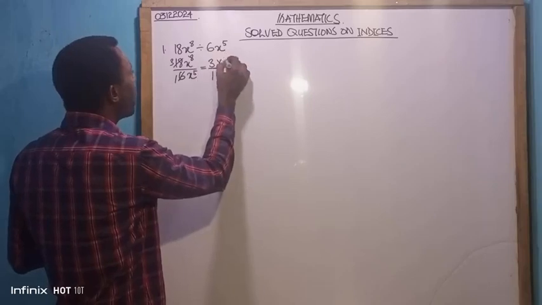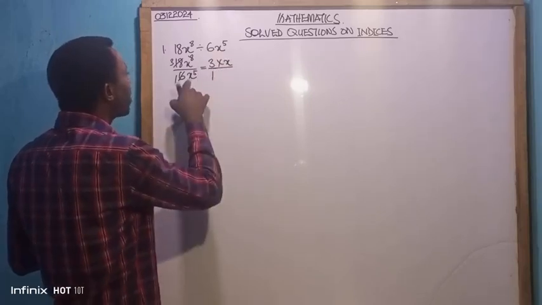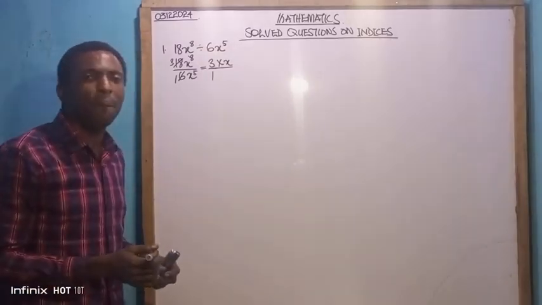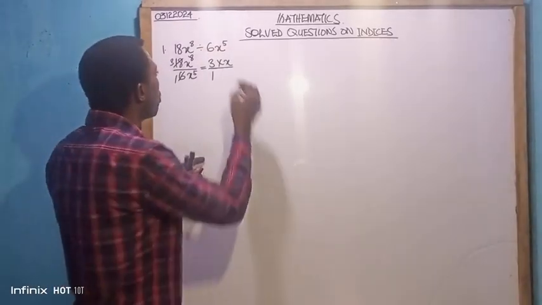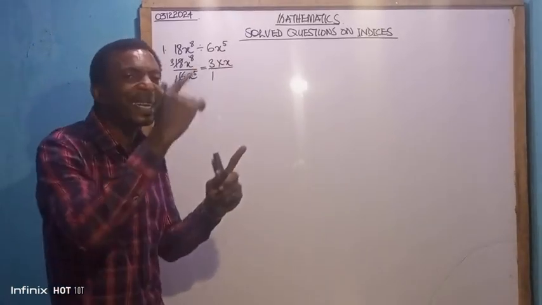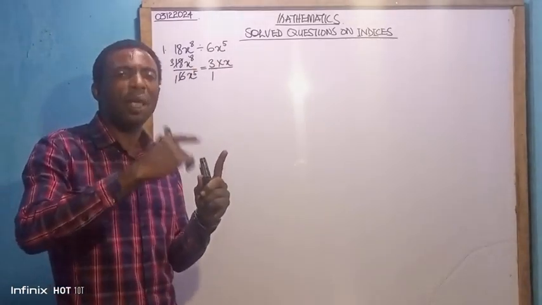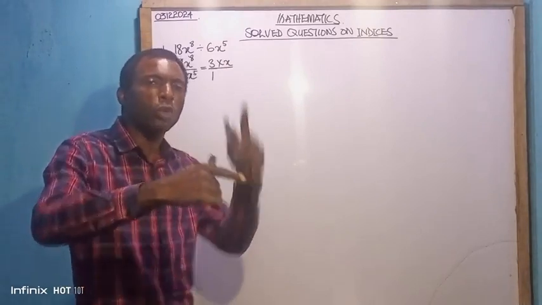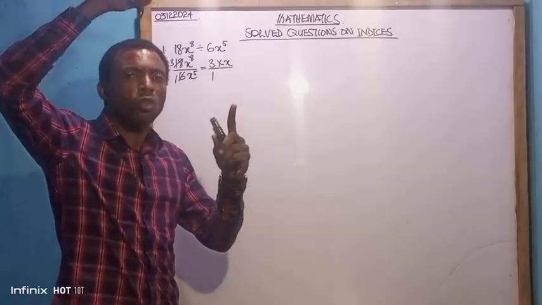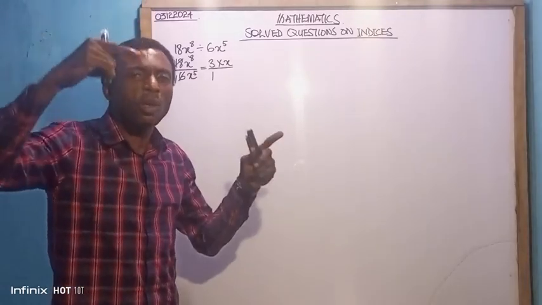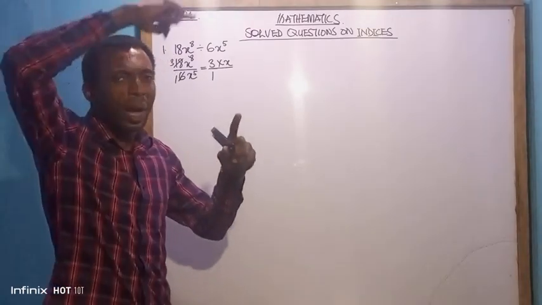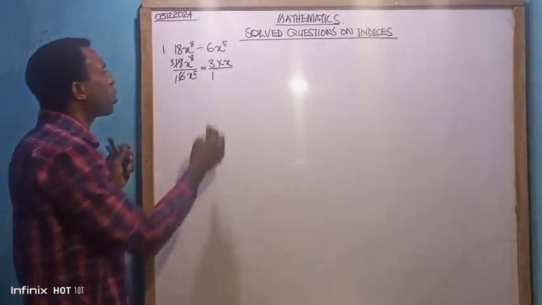Then multiply by x. The x here is 5. When it moves up, it becomes minus. Since you are dividing any number with a power, by the time you are taking the power from the denominator to the numerator up, you will subtract the power, since the main question is on division. If the main question is on multiplication, you will add their power. So we are going to subtract this one.